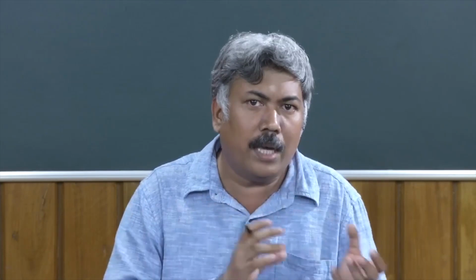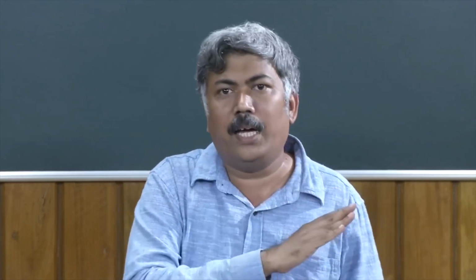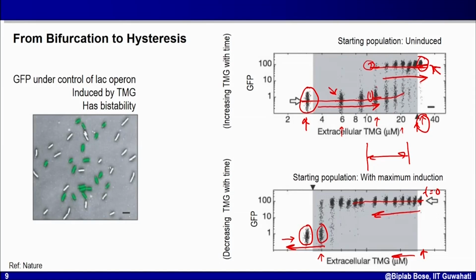The cells which were induced slowly from lower level to higher level and eventually have seen a large amount of TMG, they remember the molecular information, and when you try to reduce the amount of TMG, they don't fall back to the lower steady state value, but they remain at the higher steady state value of GFP for a prolonged period, and then eventually when they go out of the bistable region, they drop down to the lower steady state value. So here I have a very simple example by which bistability gives rise to hysteresis, and hysteresis in this case is nothing but a form of molecular memory.